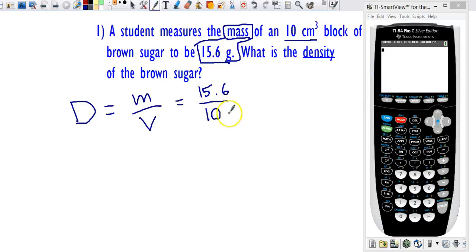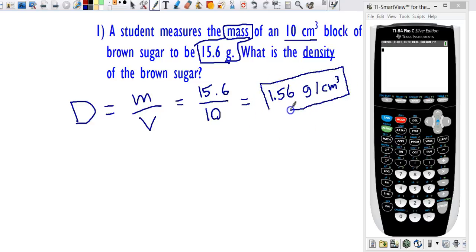I know that when I divide by 10, I'm just moving the decimal over. So 15.6 grams over 10 cubic centimeters is 1.56, and we write grams per cubic centimeters. And that is our density. And that's all there is to it for that one.